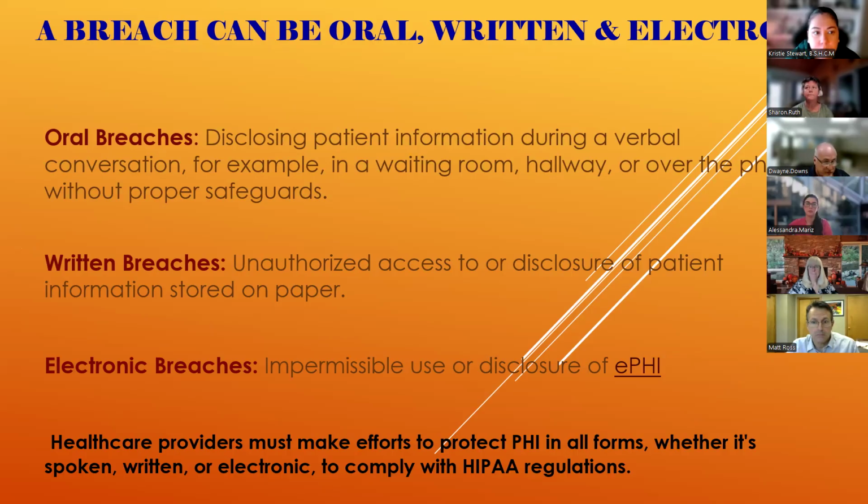Written breaches: unauthorized access to or disclosure of patient information stored on paper. This could happen if medical records were left unsecured or fell into the wrong hands, or a written document containing PHI being improperly disposed of.